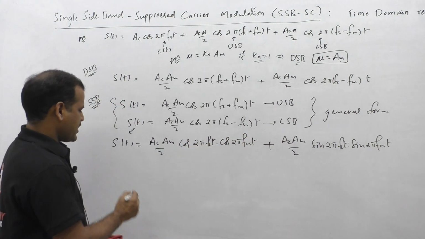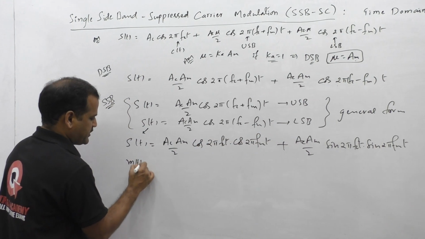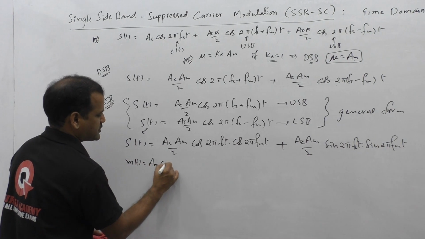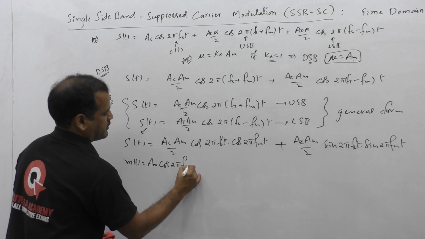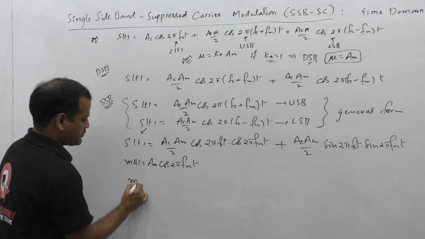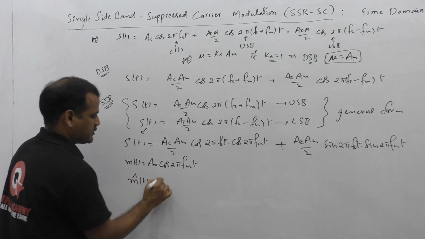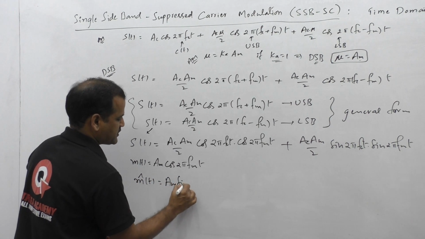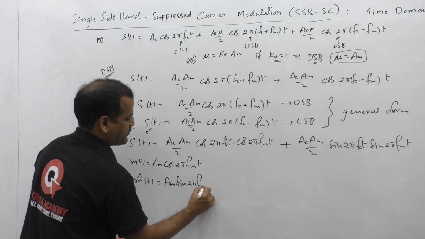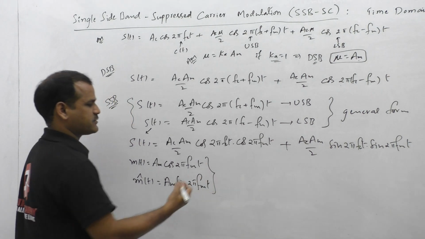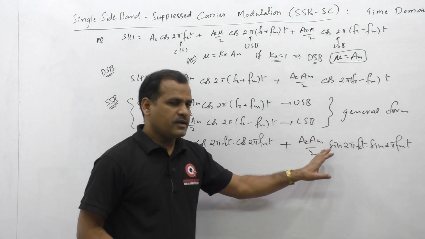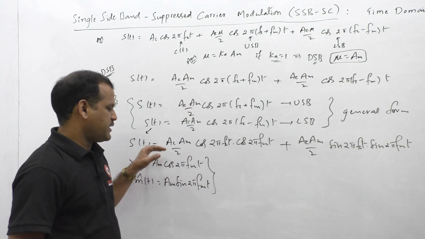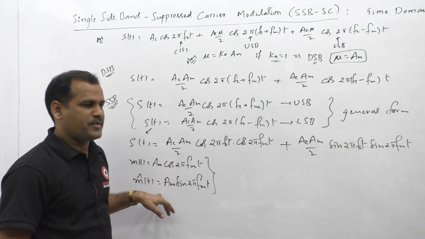And then I am considering the message signal, we know that Am cos 2 pi fm t, and the Hilbert transform of the message signal is Am sin 2 pi fm t. From this, we will represent the signal in terms of the Hilbert transform of the message signal.